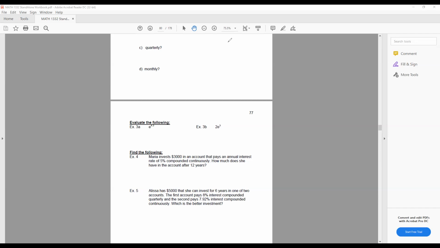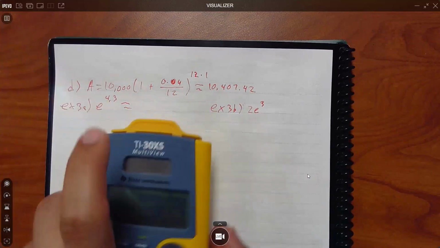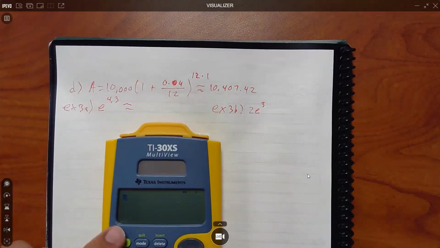3b is 2e to the 4.3. So here, all you have to do is use the E button, which is on all scientific calculators. Second ln on this one.